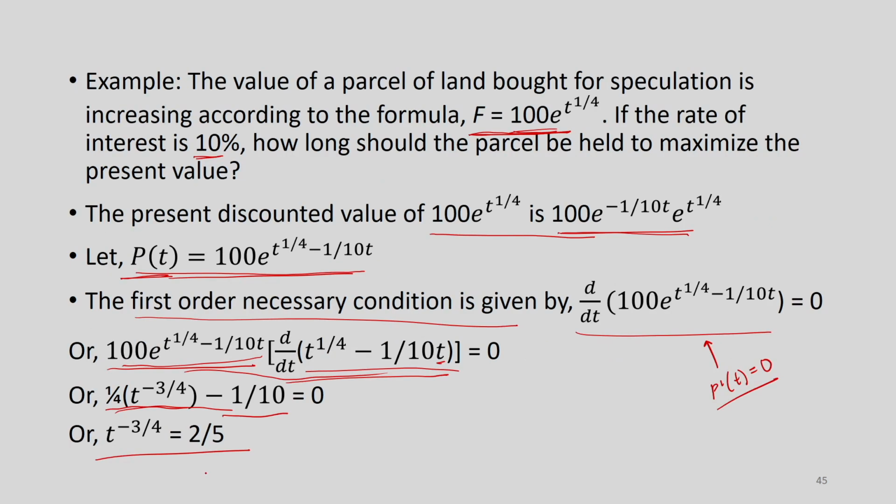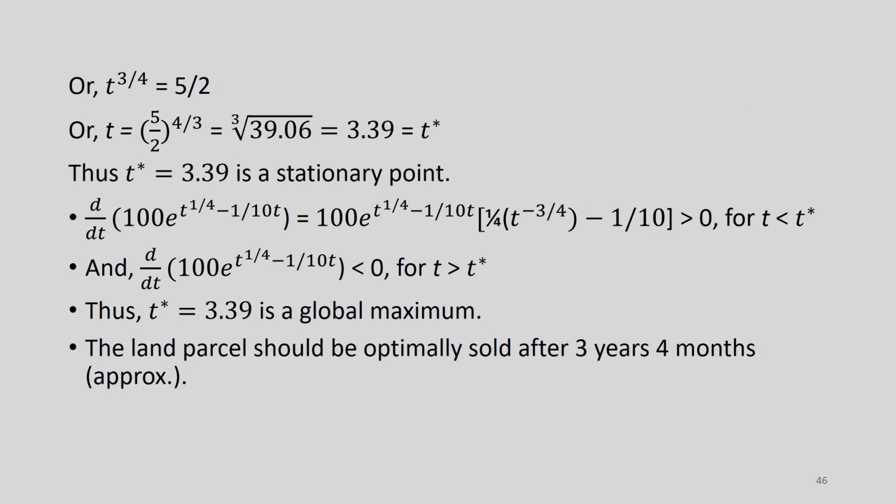Because this was 2 divided by 5, if I take the reciprocal it becomes 5 divided by 2, and if I take the reciprocal, this minus sign of the power of t vanishes. So, t to the power 3/4 is equal to 5 divided by 2, and then I simplify it further.